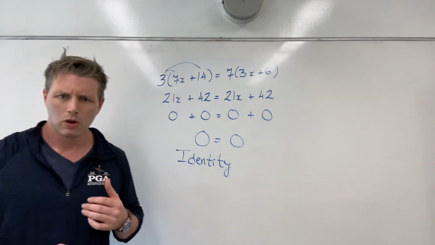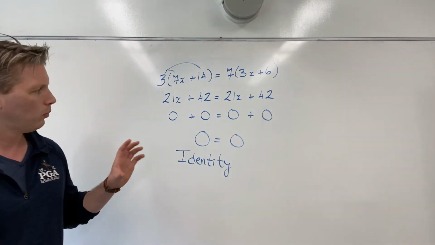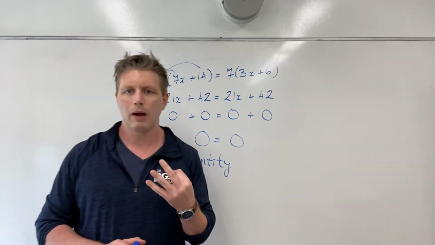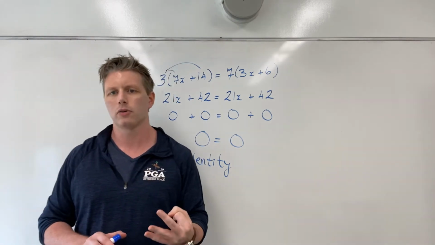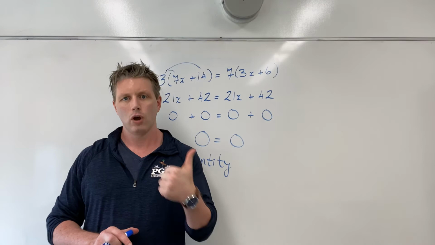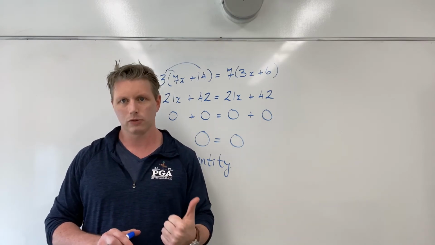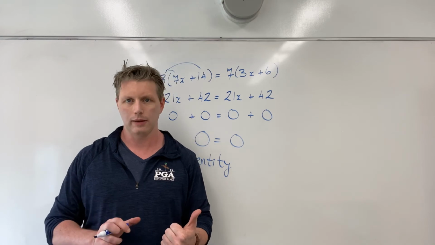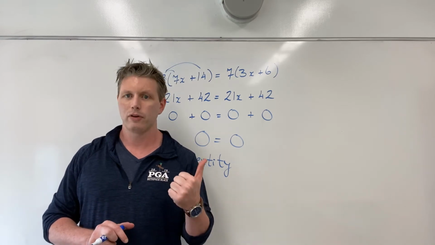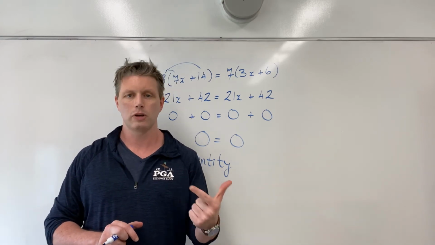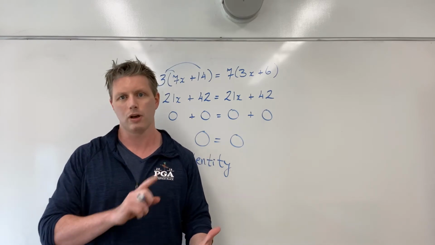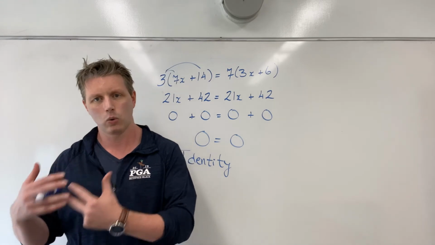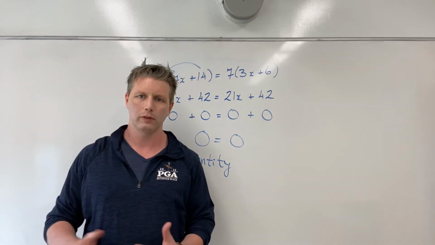This ultimately means that there are 3 possibilities when we have a linear equation. We can have one unique solution, like what we have seen in the previous video, and today in fact. We can have no solution, like we just saw. Or you can have an identity, where the equation is true for all real values of x.